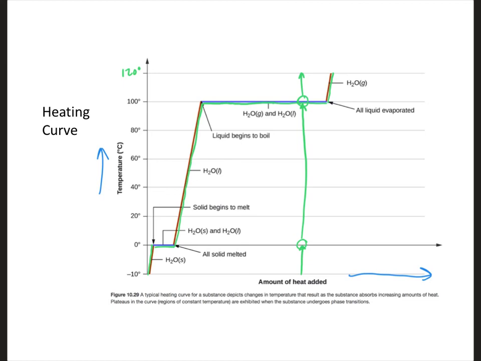So if they wanted to know how much energy you have to add to get solid water to go from minus 10 degrees up to a gas at 120 degrees, there would actually be 1, 2, 3, 4, 5 legs of this journey, 5 different energies that we would have to add together.